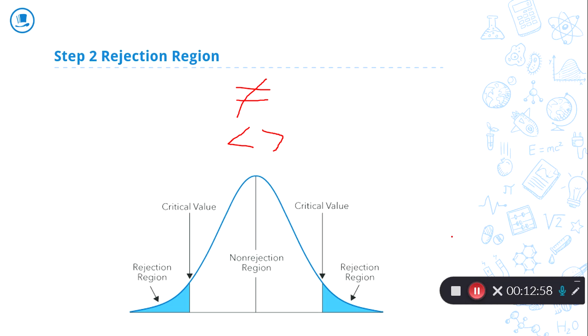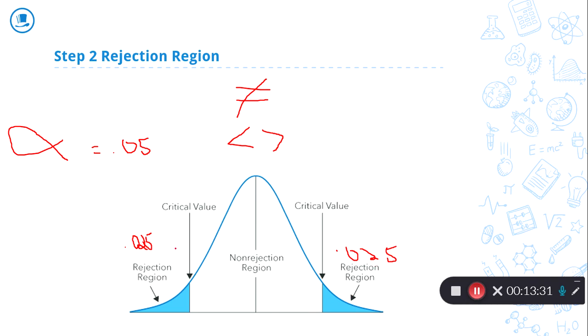The rejection region gets split in two. Now the funny thing about the rejection region is the blue parts at both ends have to equal alpha. The level of significance is, again, another situation where it's the Price is Right rule. You cannot go over the level of significance. So if alpha is 0.05, that means 0.025 is in this tail, and 0.025 proportion of the total is in this tail.